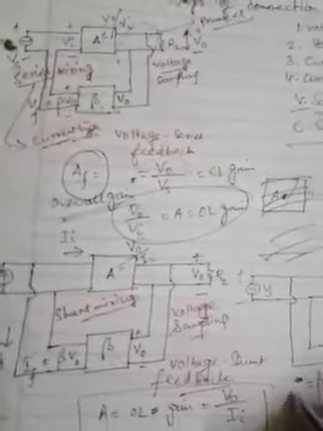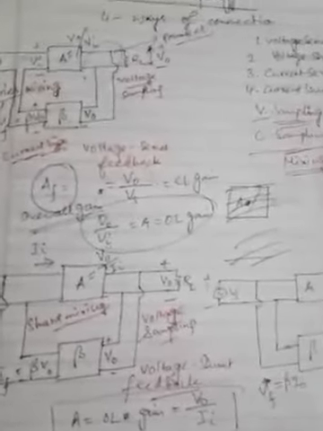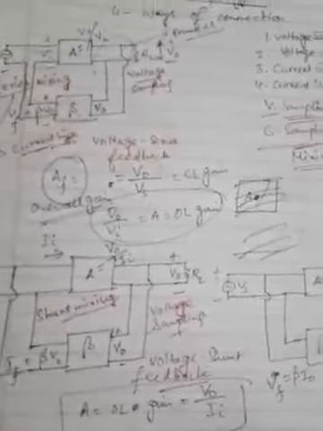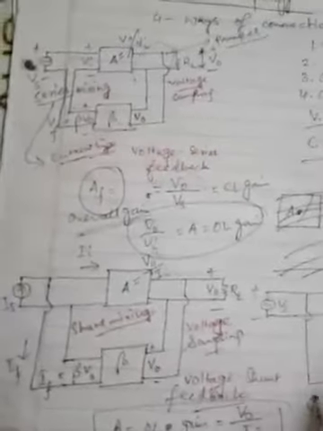And since current sampling is done here, at the input of the beta network it is IO, and the output of this is beta IO, which is written here as VF.